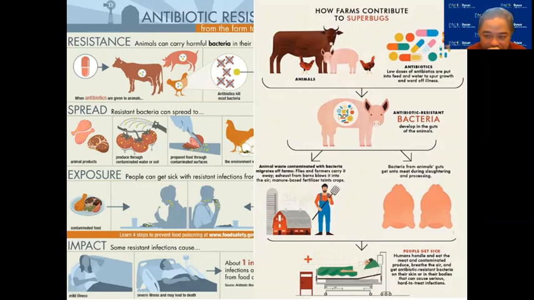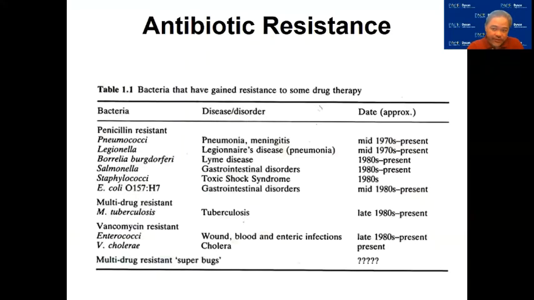So either contaminated meat or a contaminated environment contaminates other food products that are eaten by people, and that could give you sickness. So this is the main problem of antibiotic resistance.